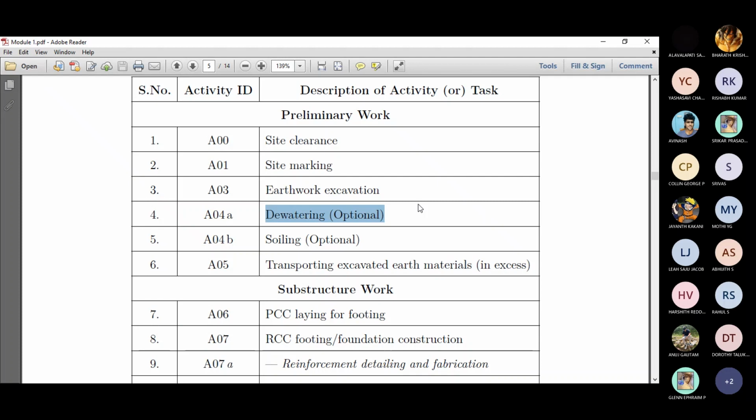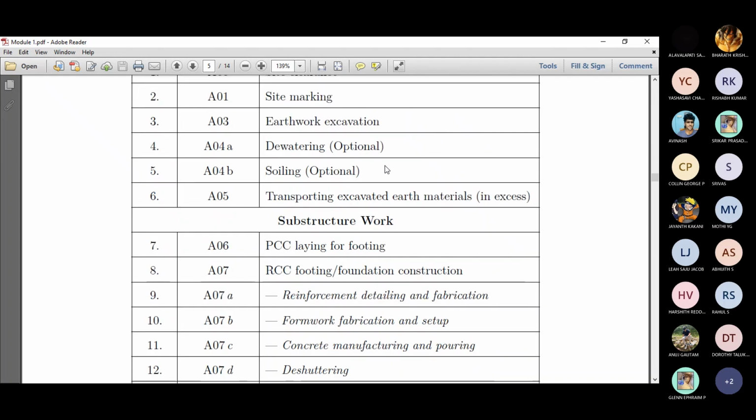So transportation is also a very important thing. And you can see all these things are preliminary works, so we don't really look into the detailed stuff. These are just mandatory steps to lay the basic foundation or footing for a single-story residential building.